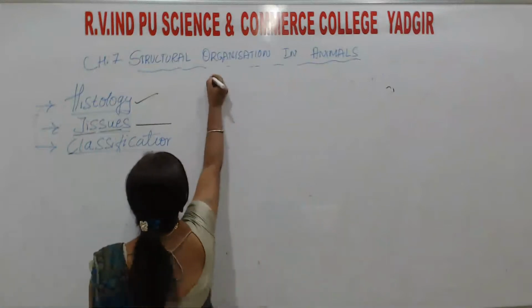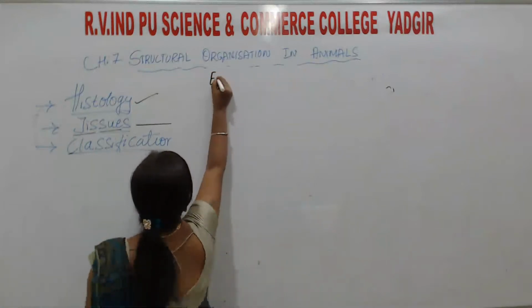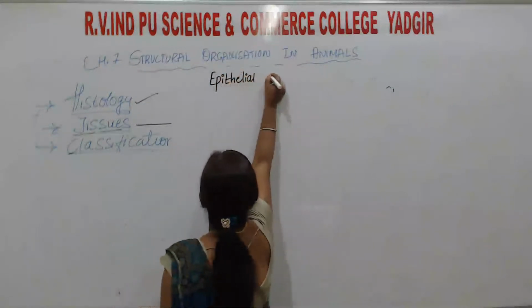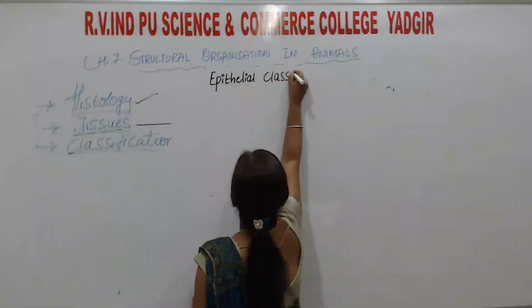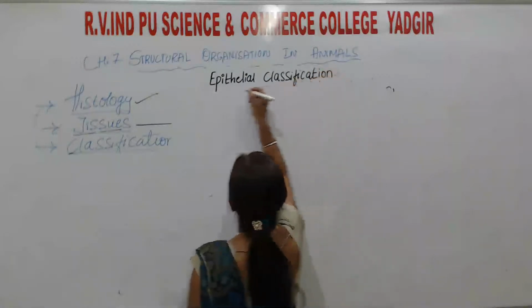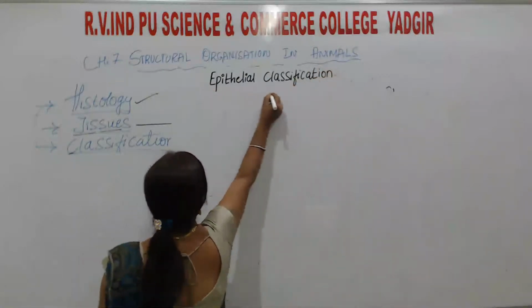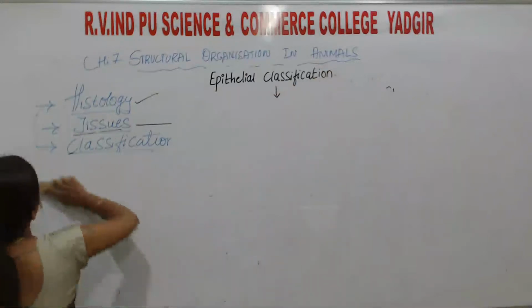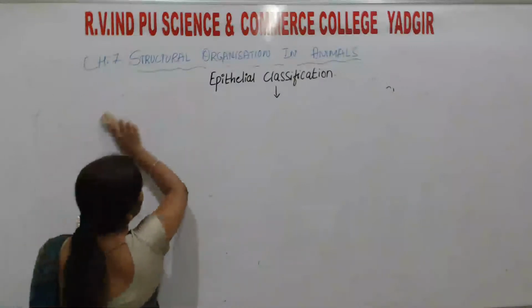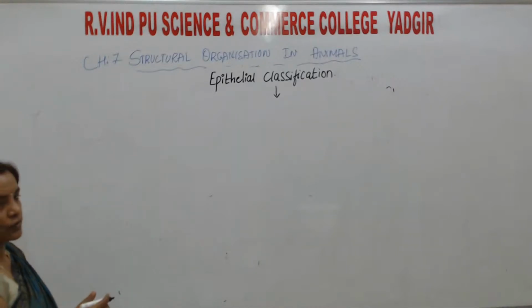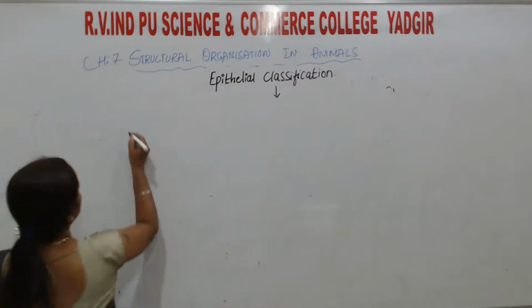Okay, epithelial tissue. Epithelial classification is of three types: simple epithelial, stratified epithelial, and pseudo stratified.